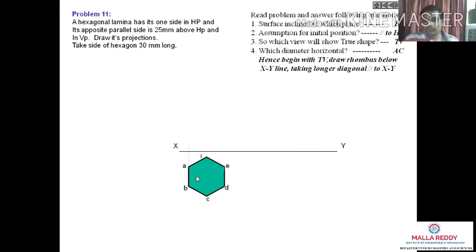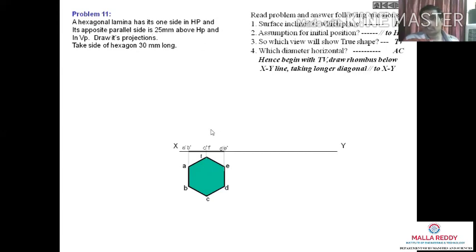So the projection front view will be on the XY line. This is the length of the plane in front view, and if AB is resting on the horizontal plane, the opposite side is ED. So ED, the opposite parallel side, is 25 mm above HP.